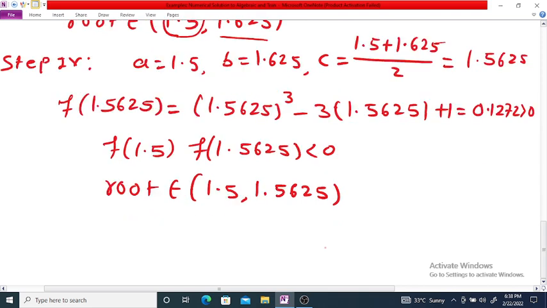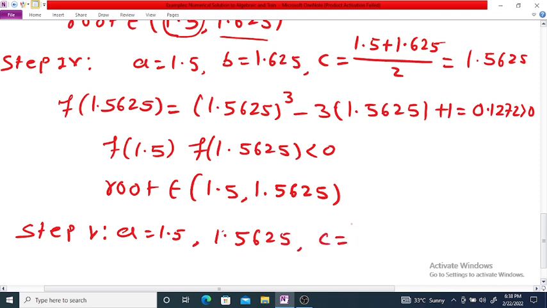So iteration number 5, step 5: a is equal to 1.5, b is equal to 1.5625, and c is equal to 1.5 plus 1.5625 divided by 2, so it is equal to 1.5312.